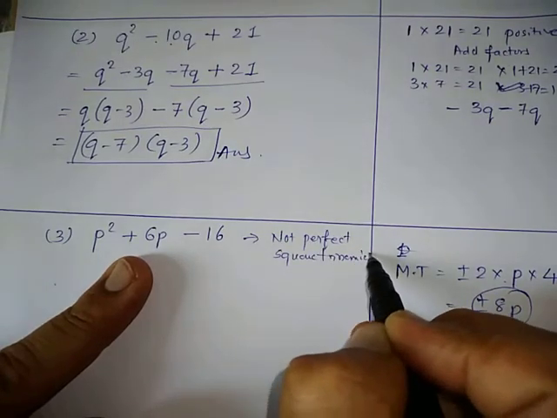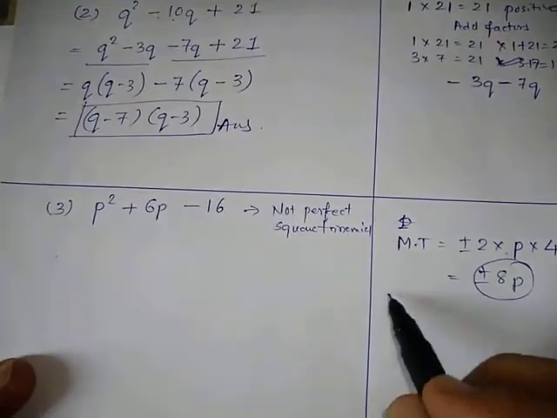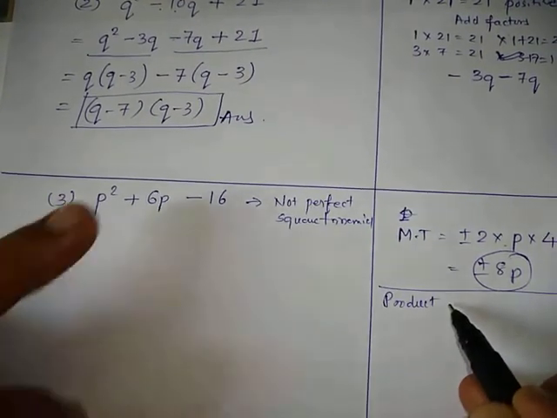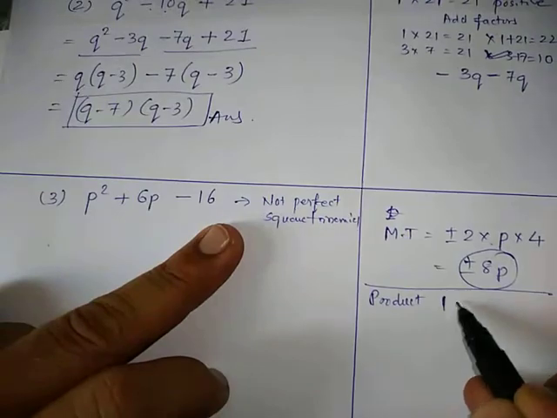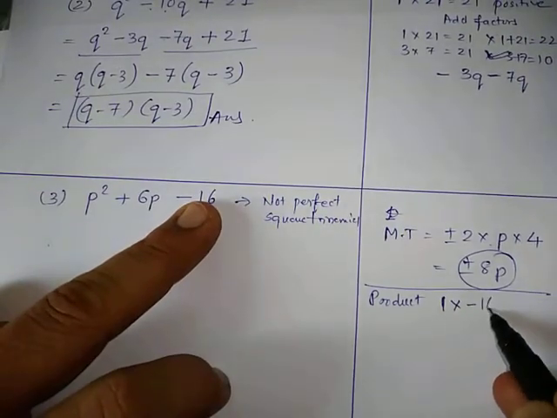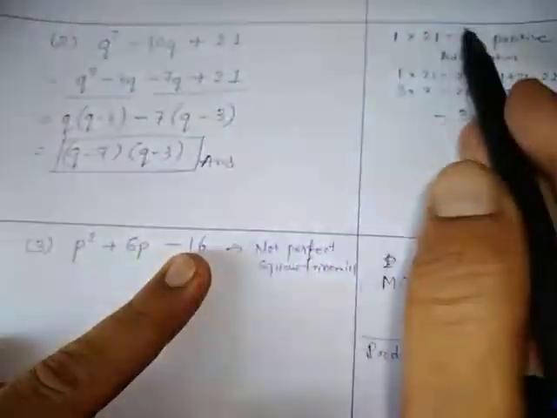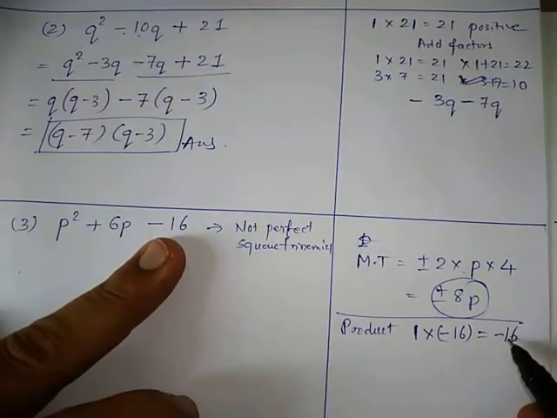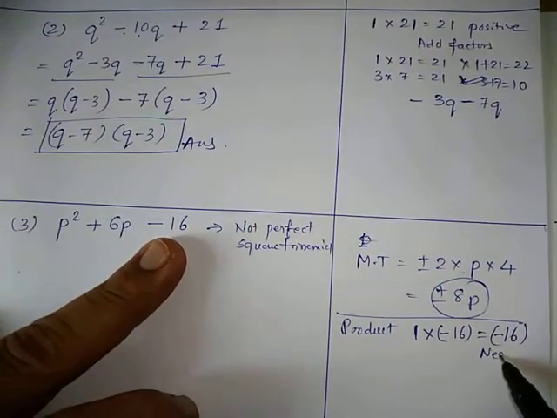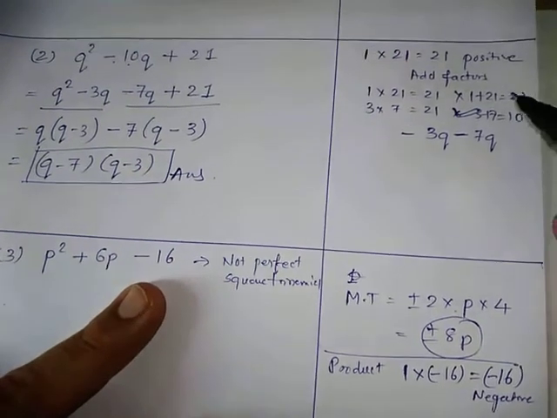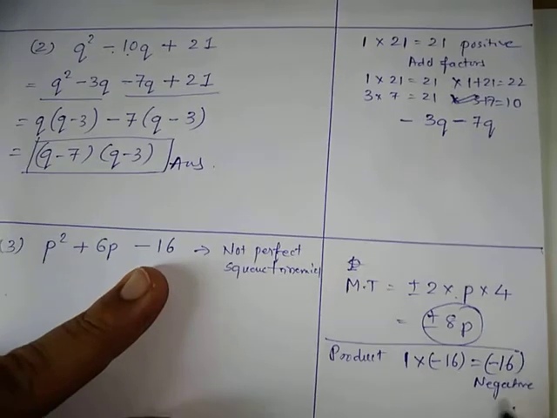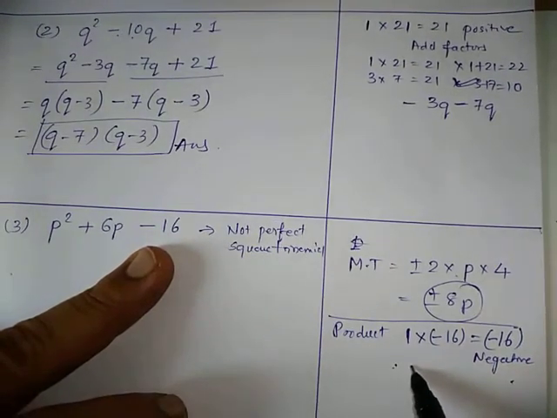Then second thing, if it is not a perfect square trinomial, find the product of the first term and last term. So 1 into minus 16. Until now it was plus 21, so we added, but now it's minus, so we will get the product as negative. If positive, we were adding the factors; if the product is negative, we will subtract the factors.